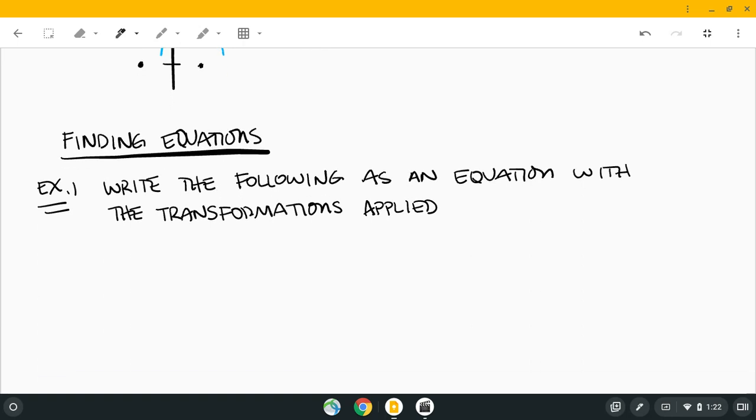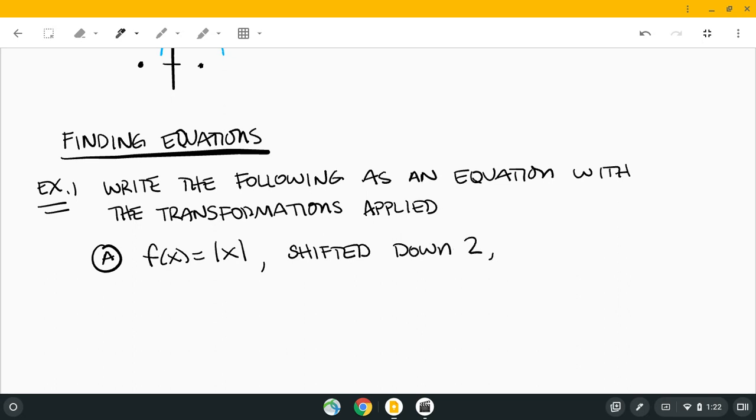Suppose that I have the parent function f of x equals the absolute value of x. And I want to write a function that takes this parent function and has it shifted down 2 and left 3.